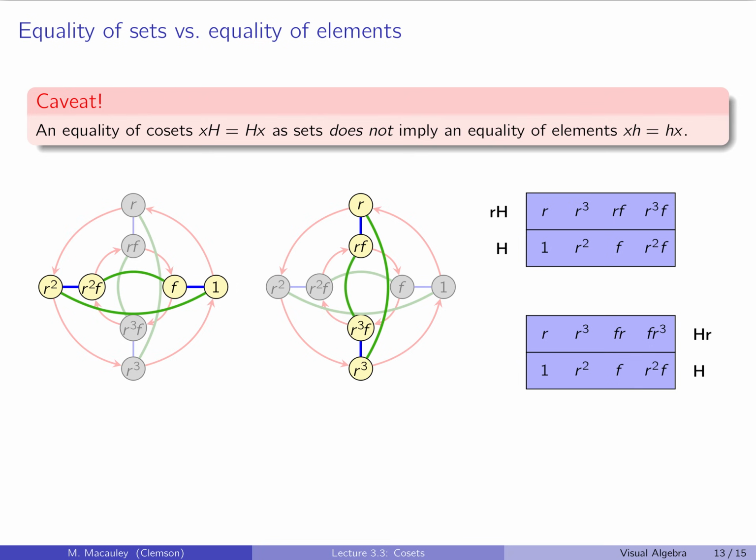You can do the visual interpretation. You can go to R and then follow the paths in H, which in this case are blue and green, however you want to. So this is RH, but that's the same thing as if you start with H and then you follow the R path from everything. So from here you get that, from here you get that, from here you get that, and from here you get that.